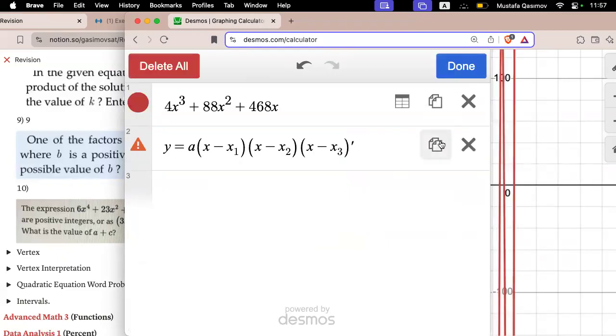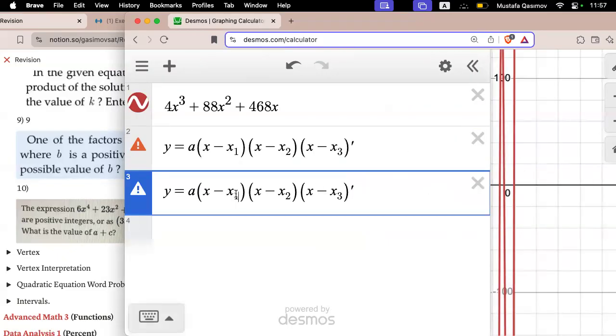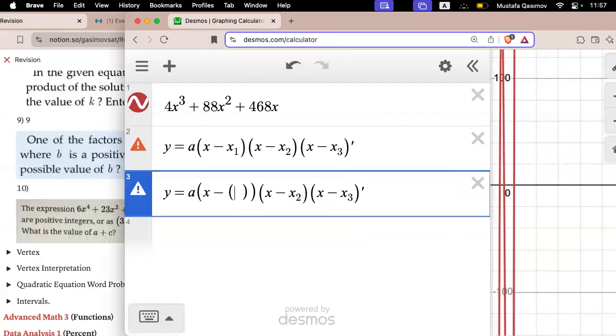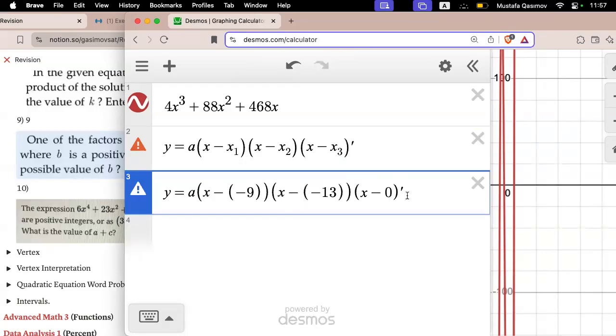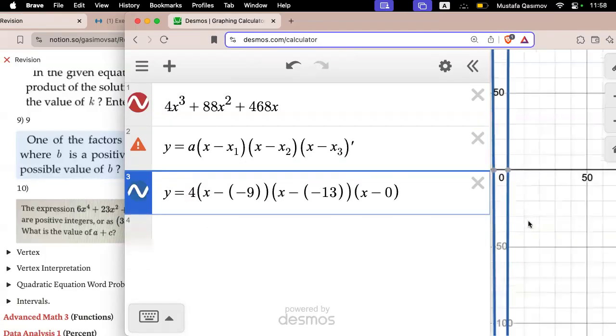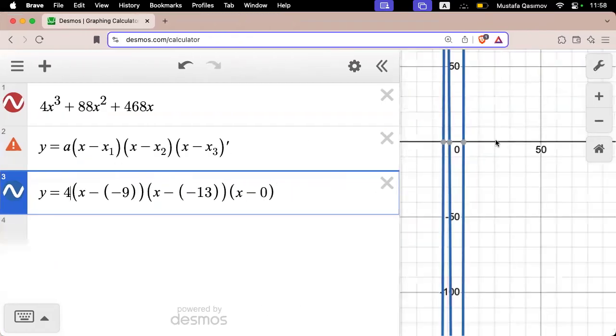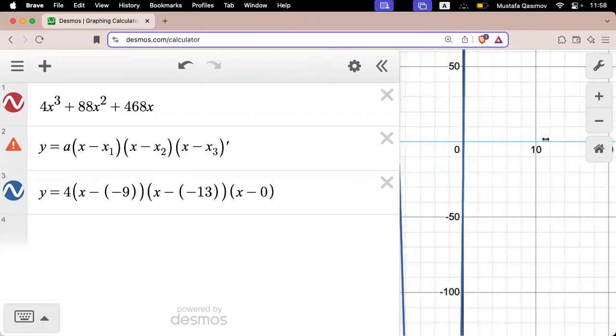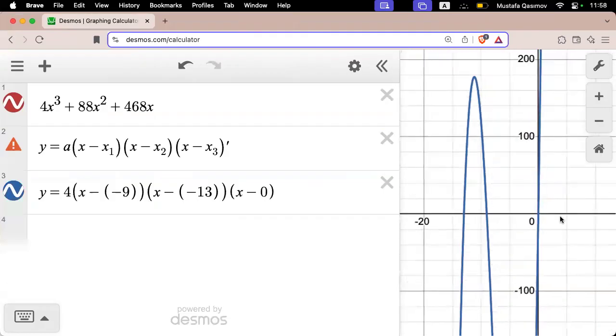You can write them instead of x1, x2 and x3. And we had 0, right? Okay, we have a. What's the value of a? It is the leading coefficient. It is 4. So you can see that this is totally the same. So you can also find the answer like that. You don't need to know how to factorize it. You can use decimals.